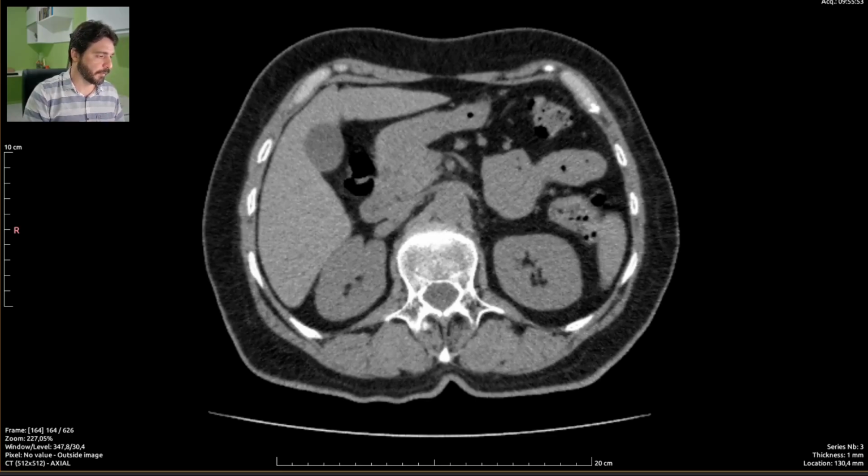So wall thickening of the sigmoid colon. Multiple diverticula. Fat stranding. And the fluid collection.